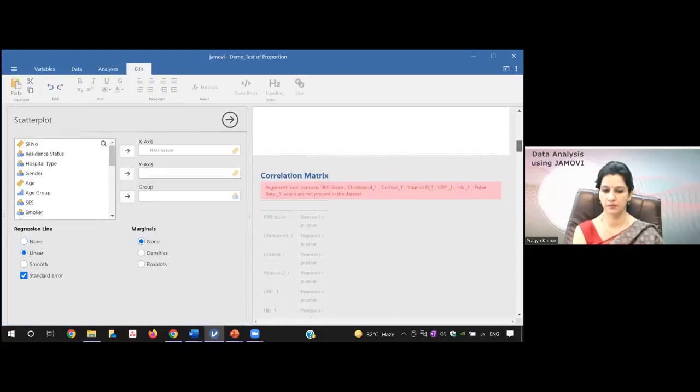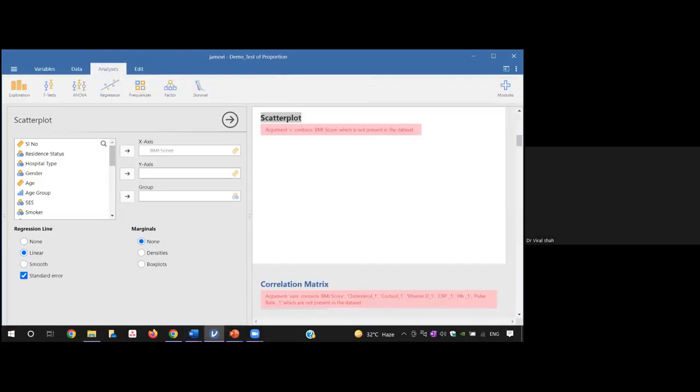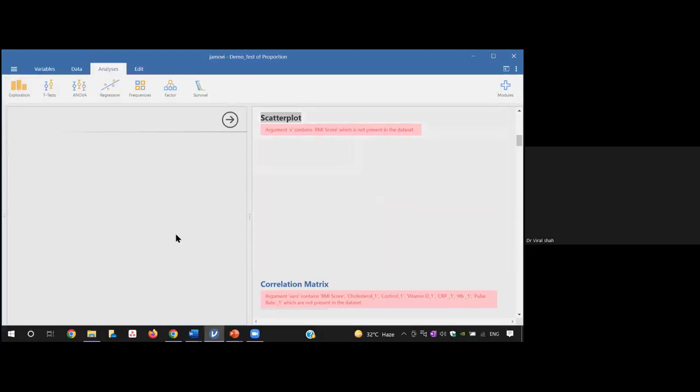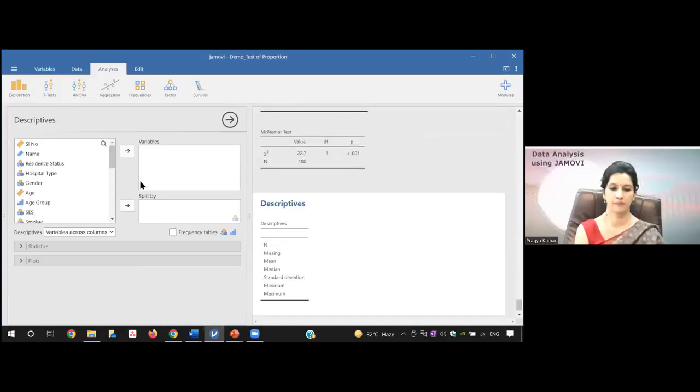Let me see. So I'll go to this exploration, and in exploration, I'll go to the descriptive. In descriptive, maybe I may shift some of the variables just to show the box plot.